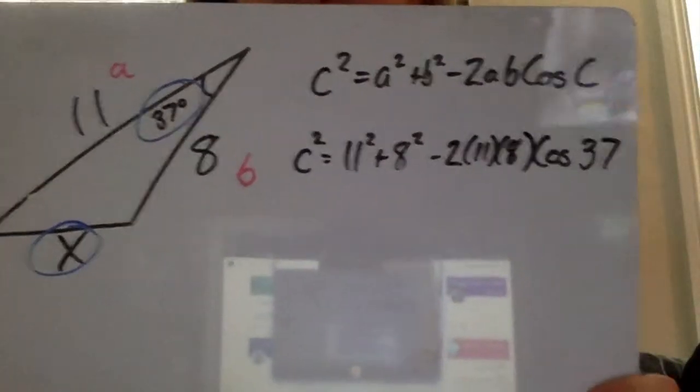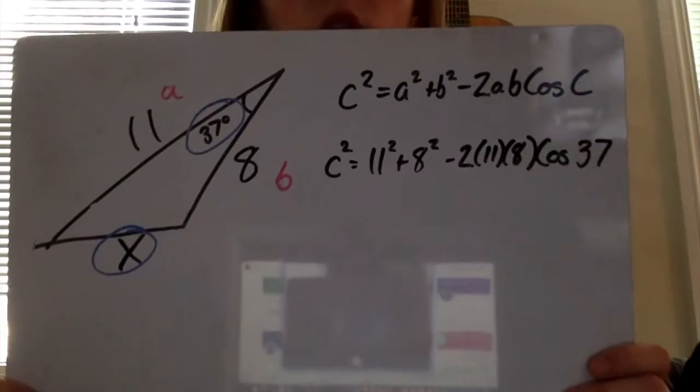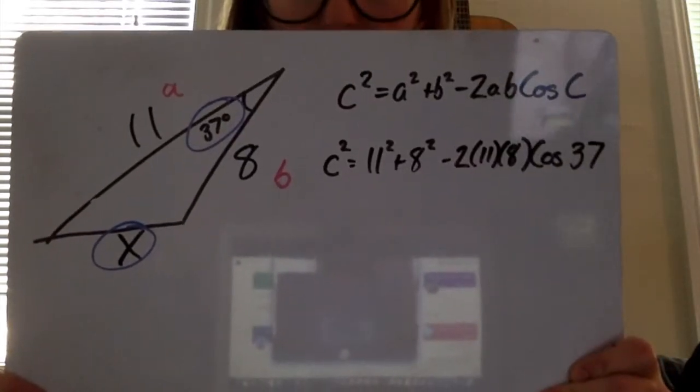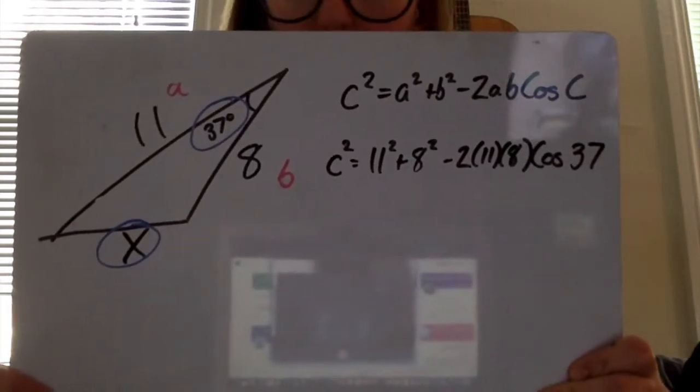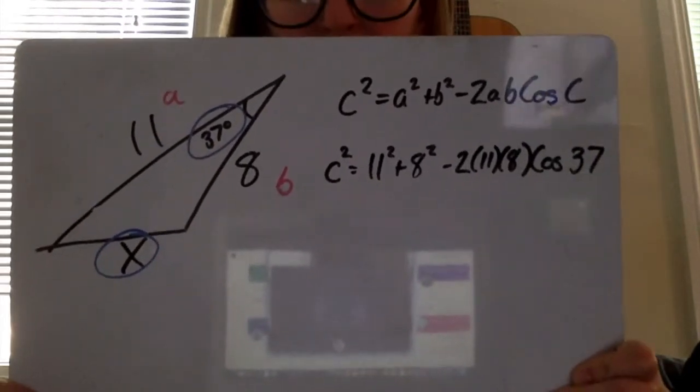So 11 squared plus 8 squared minus 2 times 11 times 8 cosine of 37. I'm just going to show you this part. And if you need to pause here, please be my guest. I would recommend you pause so that you can make sure that you're following what goes where and why it's 11 and where did 8 come from and where did the 37 come from.